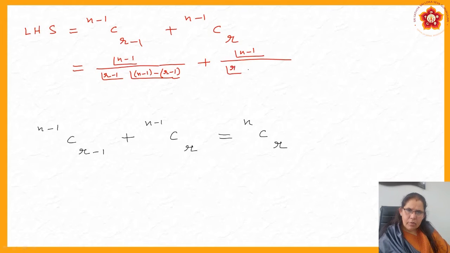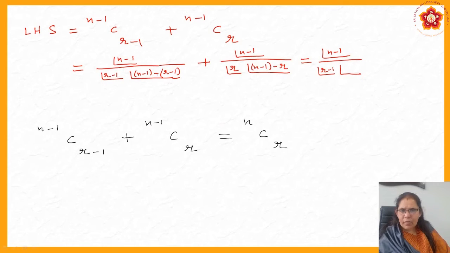Same way, factorial n minus 1 here, factorial r will come here, and here we will have factorial n minus 1 minus r. Now solve it further. When we open the bracket, it will be n minus 1 minus r plus 1. So minus 1 and plus 1 gets cancelled. We will be left with n minus r.